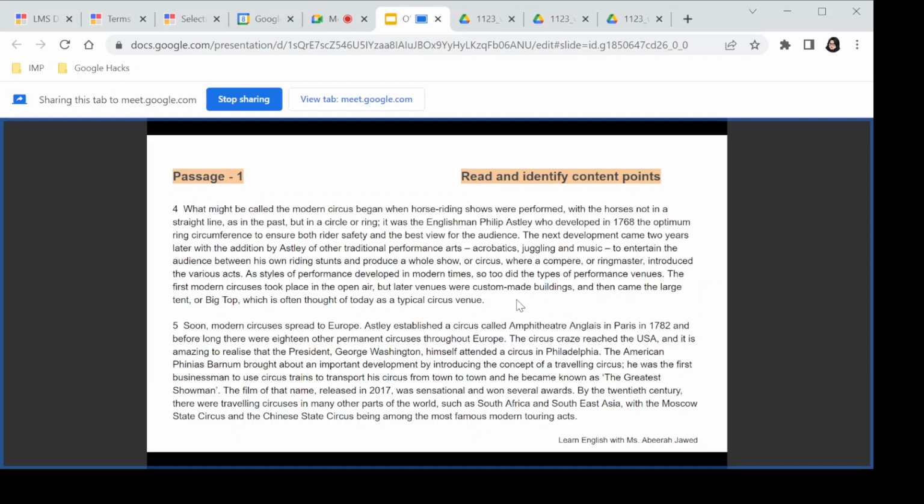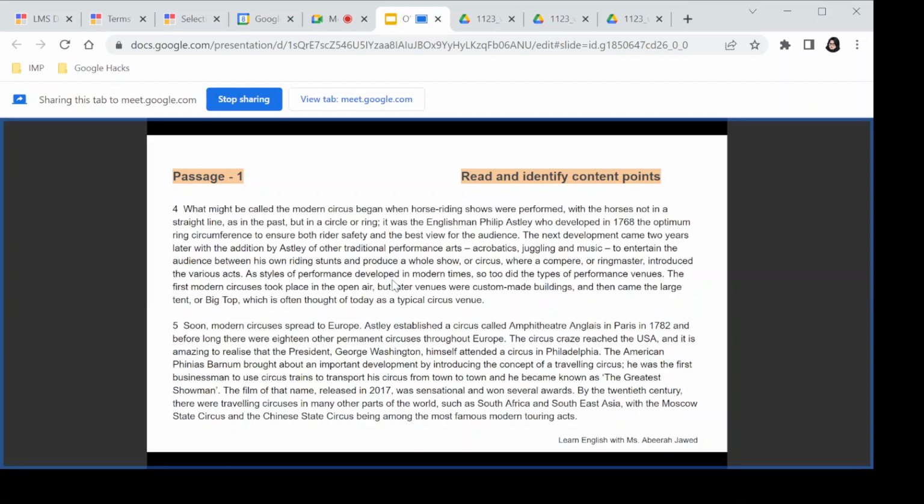Miss, you can complete it. I do not have an idea about it. Okay, come on, come on, try. We can write as styles of performance developed in modern times, so too did the type of performance venues, such as the open air or the custom-made buildings, and lastly, the large tent.